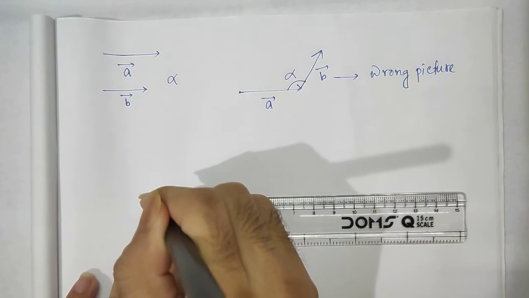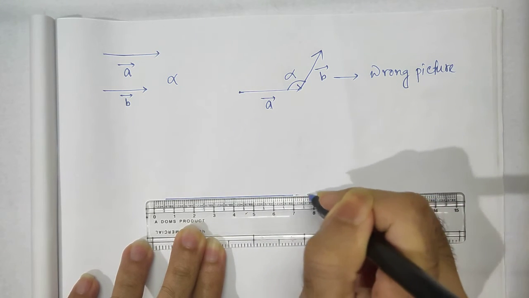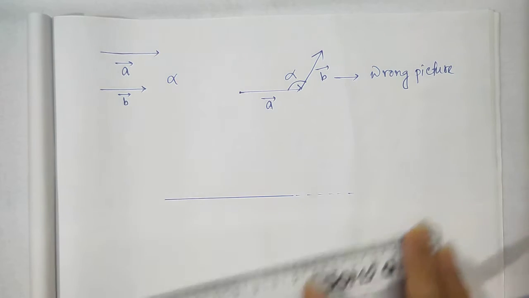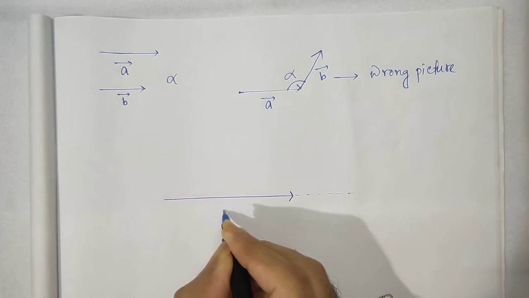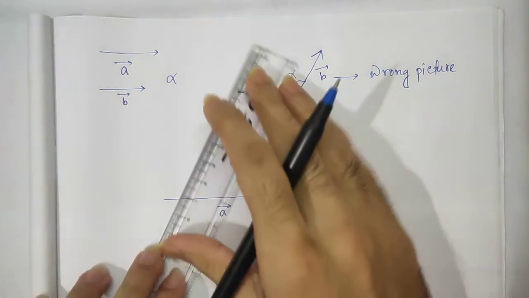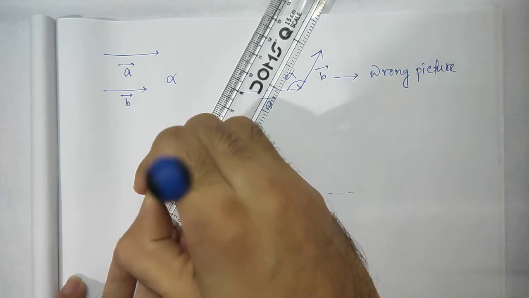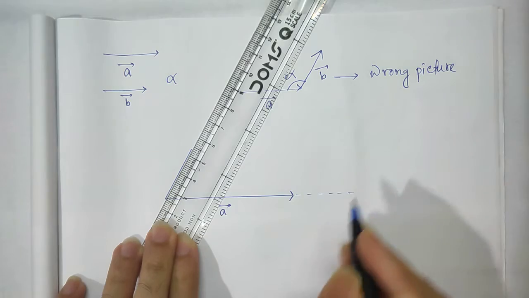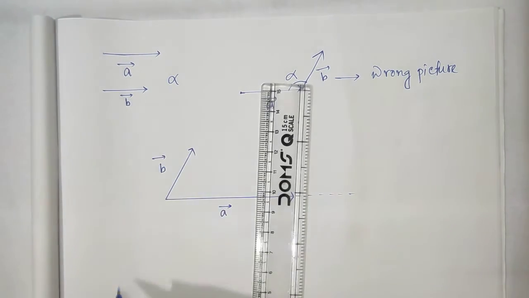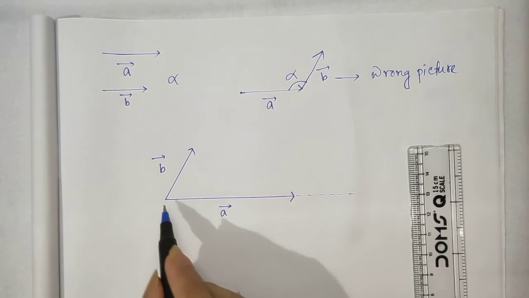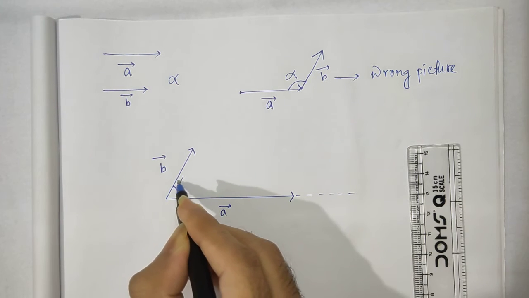Okay, so this is the vector A, and now I am drawing the vector B. This is the vector B, and the angle between these two vectors A and B is alpha.